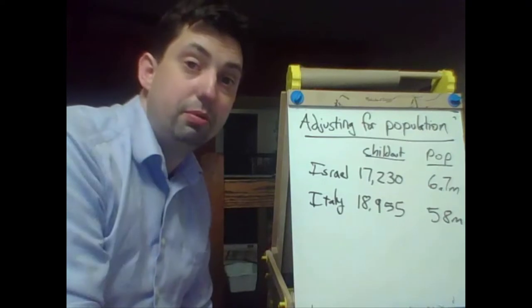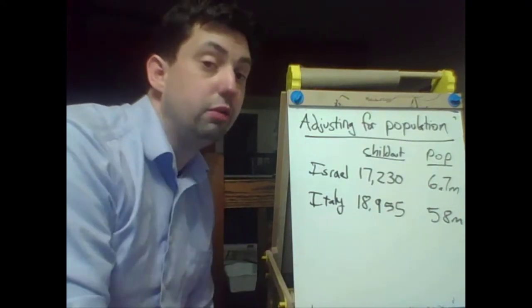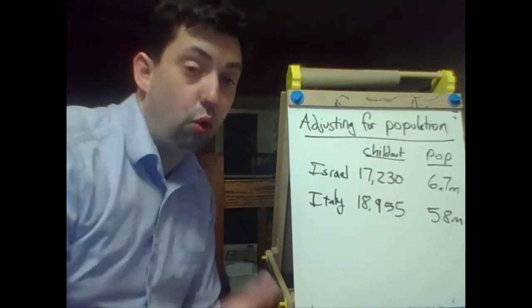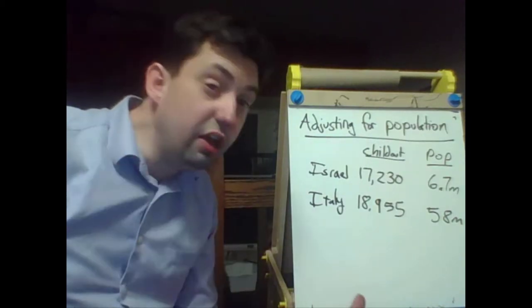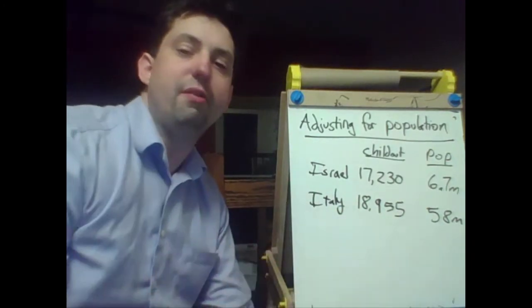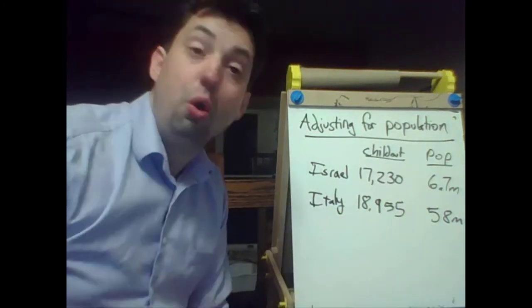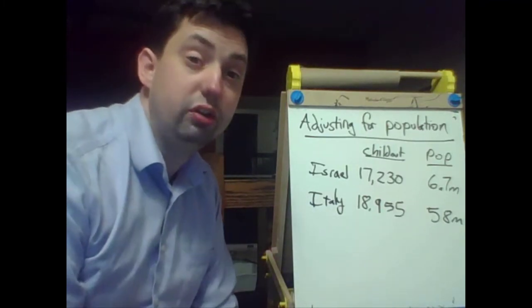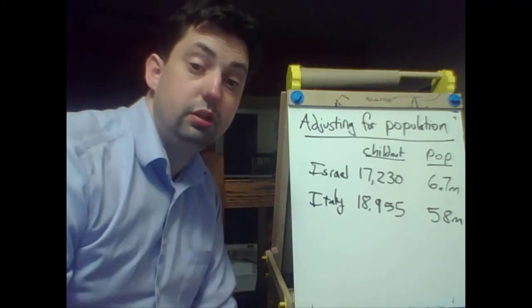If you have more people, then by the law of large numbers, simple multiplication, you're going to have more kids out of school. The total income of a country, or the size of the economy, the GDP, will naturally increase if you have more people. The total number of murders in a country will naturally increase if you have more people.